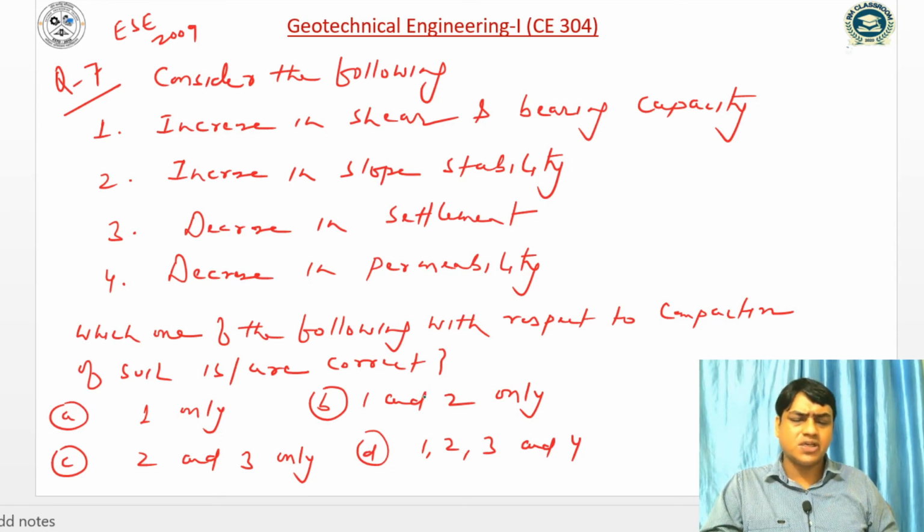When we apply load on the soil, due to expulsion of pore air there is a reduction in the volume of soil, and this phenomenon is called compaction. The various aims are to increase shear strength and bearing capacity, increase slope stability, decrease settlement, and decrease permeability. So all options are correct, that is 1 2 3 4. We have already discussed the various purposes of compaction.